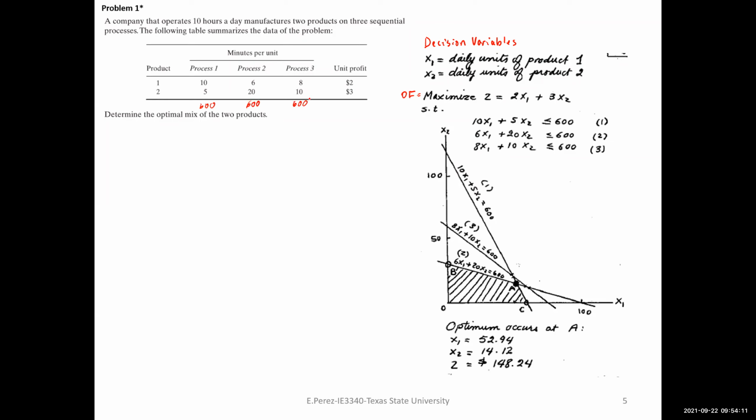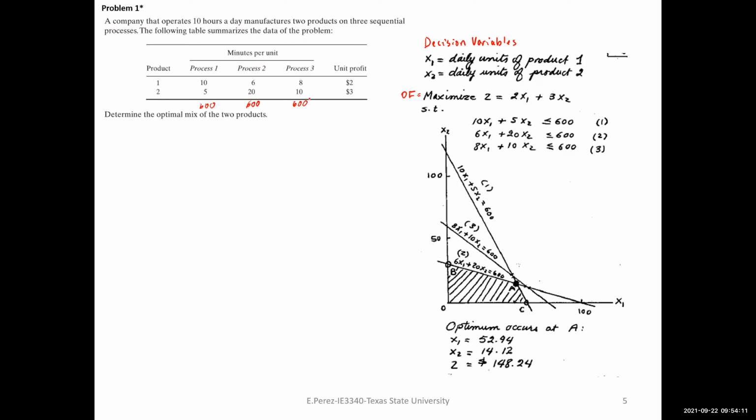So to solve the problem using the graphical method, we have to plot each one of these constraints. We have to find 2 points for each one of the constraints. Let's do 10x1 plus 5x2 equals 600. I can make x1 equal to 0 and then solve for x2.